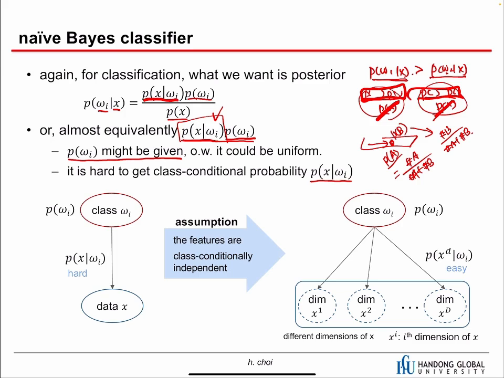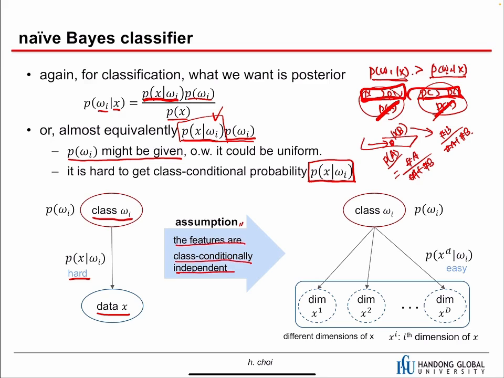The original problem is this one. We have to estimate this probability, which means given this class and data x, what is the probability of x given the class? That is hard. To make it simple, we take one assumption, which is that the features are class conditionally independent.